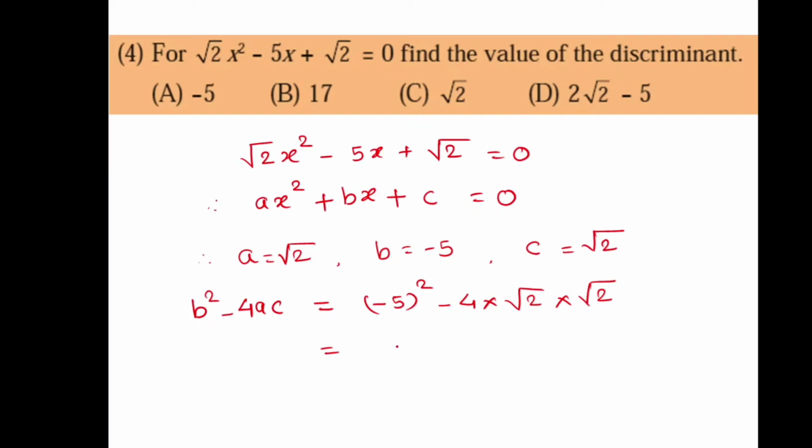So we should have minus 5 square, that's 25, minus 4 into root 2 into root 2, that's 2, that is equal to 25, minus 4 into 2, that is 8. So 25 minus 8, that's 17. So here the value of the discriminant is 17, which is given at option B. So option B is the correct alternative.